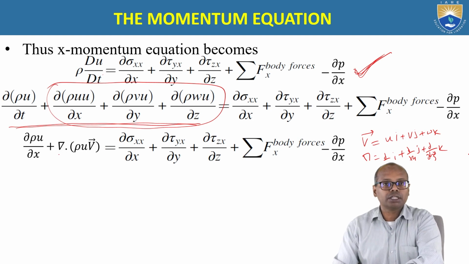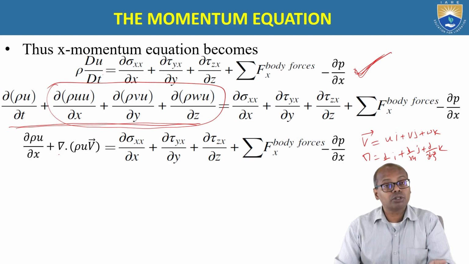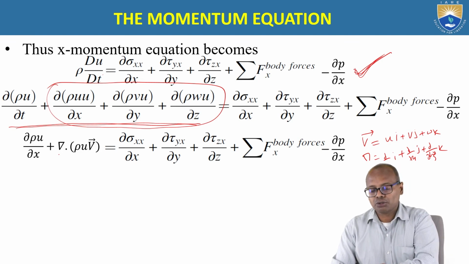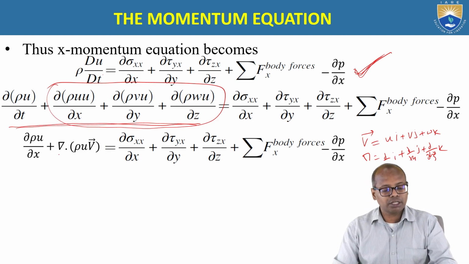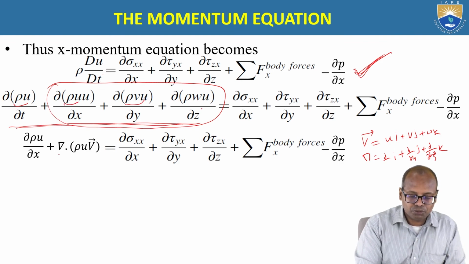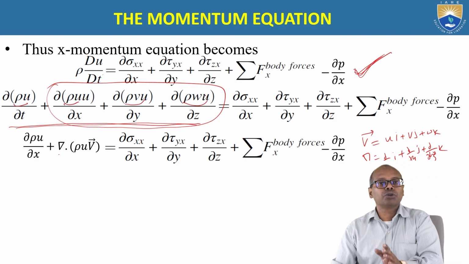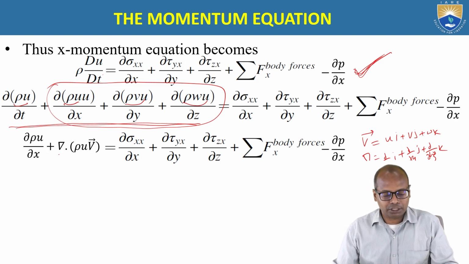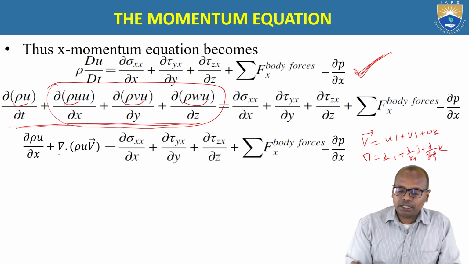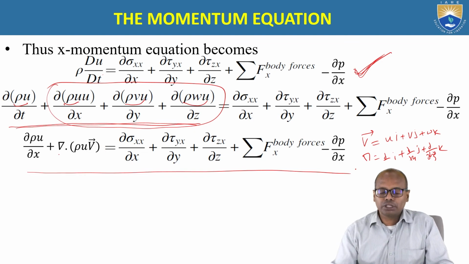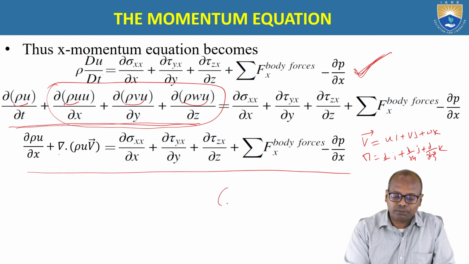So the product of this, and we don't have del alone, we have ∂(ρu)/∂x, ∂(ρu)/∂y, ∂(ρu)/∂z. That's why ρu is common. You can see here, this is ρu, ρu, ρu, ρu. So ρu is a common term. It is not a vector quantity, it is a scalar quantity. Now if I take the dot product of del and v, the equation becomes like this. So this is a conservative form.